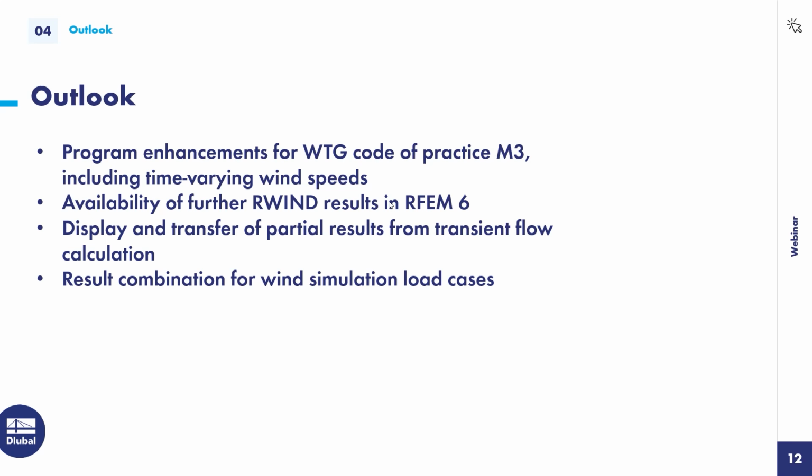This is a German club that is dedicated to wind analysis and simulation. And this will include time-varying wind speeds. So up until now, you only can define one constant wind speed, but in the future, we will be able to vary these wind speeds over time.